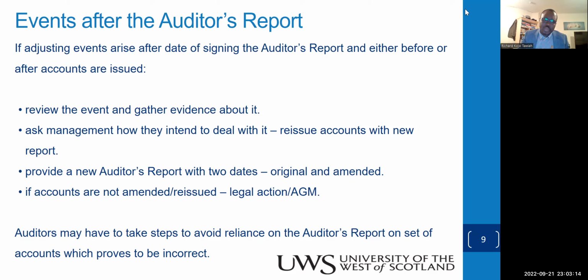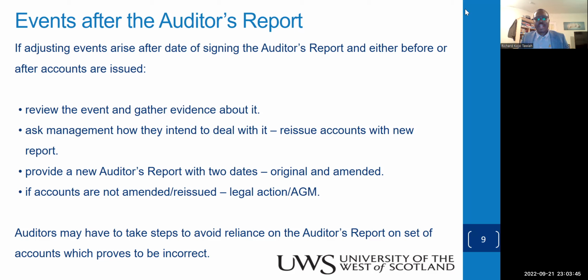You will surely have 2 reports, the old report with the old date when you signed off, and a new or amended report with a new date you signed off to show that, oh, I signed it on 30th May 2022, but something happened between 30th May and 30th June. So I have 2 sets of reports, the originally signed and then the amended one.